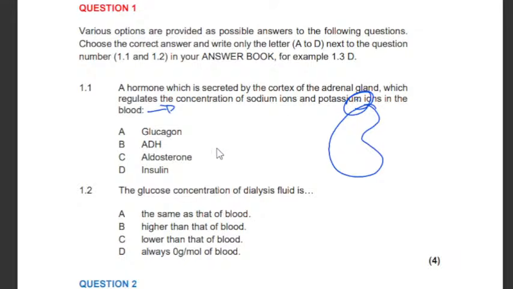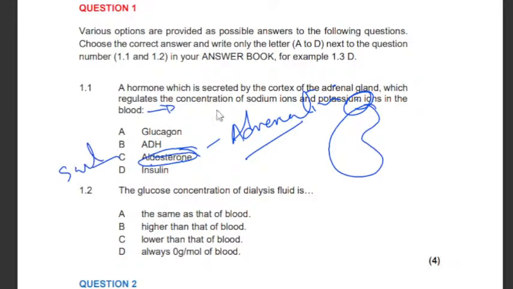When you look at it, it produces 2 hormones. The first hormone is aldosterone. The second hormone is adrenaline, not adrenal gland. Adrenaline and aldosterone. Aldosterone is responsible for salt, while adrenaline is responsible for emergency.